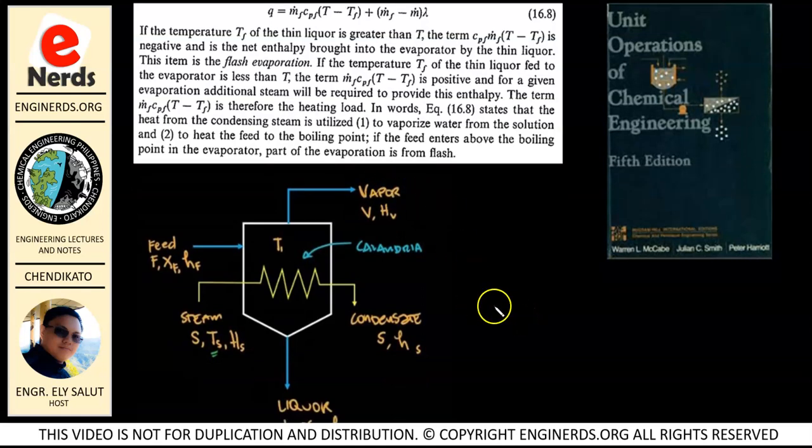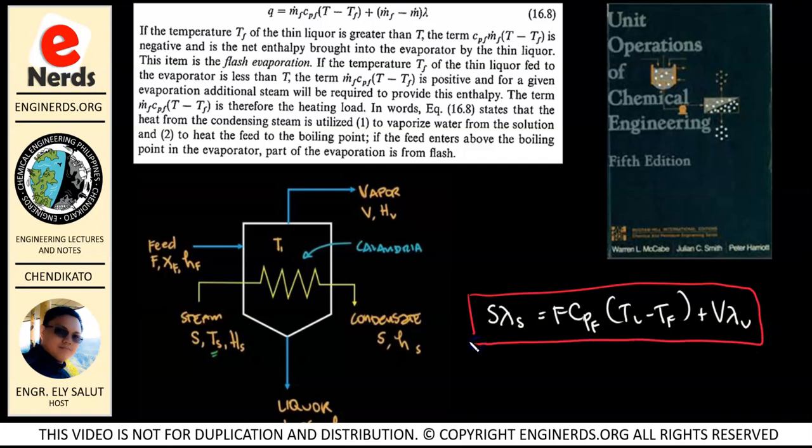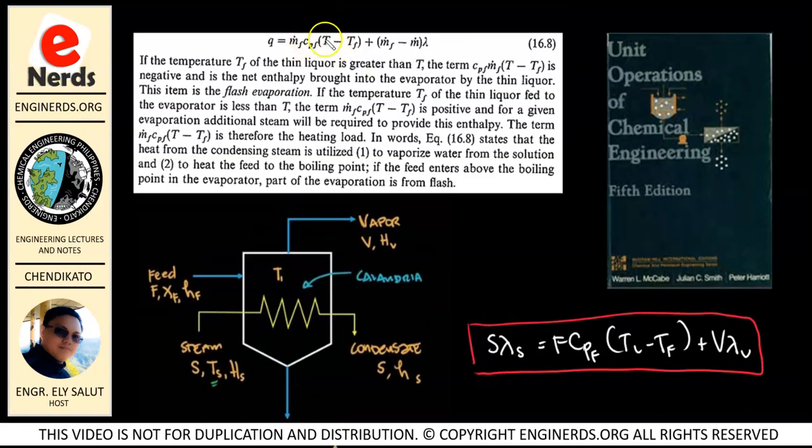So, we have S lambda S is equal to F CPF times TL minus TF plus V lambda V. Okay? So, yan yung na-derive natin. I'll just box it again, ano? So, pareho lang yan ng naandito sa McCabe-Smith.